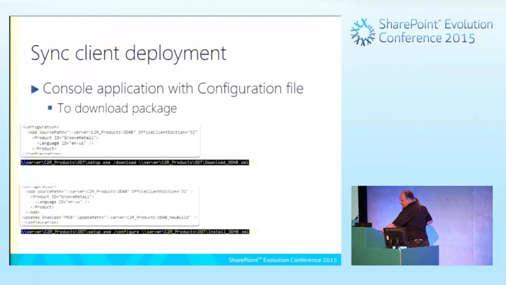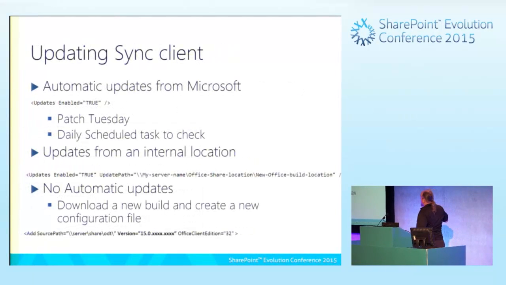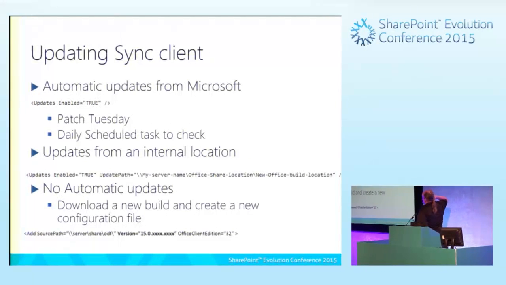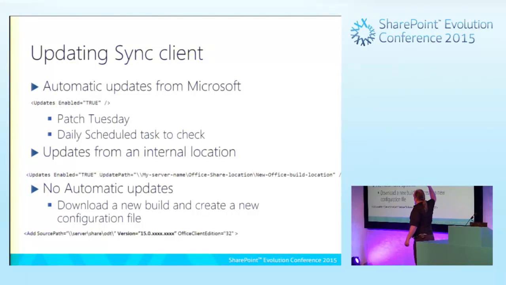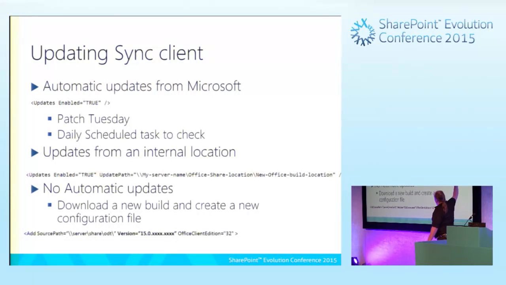And then updating, and as I said, I would use these configurations. Enable updates because we are fixing them quite frequently, so having automatic updates is probably the easiest way. Alternatively, if you want to control it yourself, you could say, yes, we will update, but it'll be my responsibility to download the bits every now and then and put them in a file share.